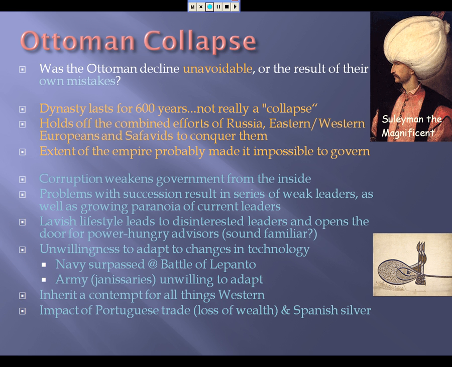It's not really a collapse when you look at the number of people that they had to stave off, including Russia, the Byzantines, Western Europeans like England and France, and even their neighbors like the Safavids, and they were still standing up until World War I. And as we've seen with other large empires, eventually if you get big, you're not going to be able to hang on to all that you've conquered. We saw it with the Romans, we saw it with Alexander, we saw it with the Abbasids, we saw it with the Mongols.